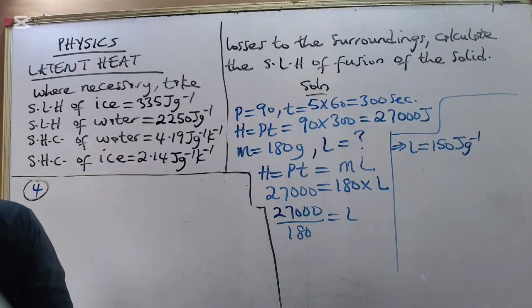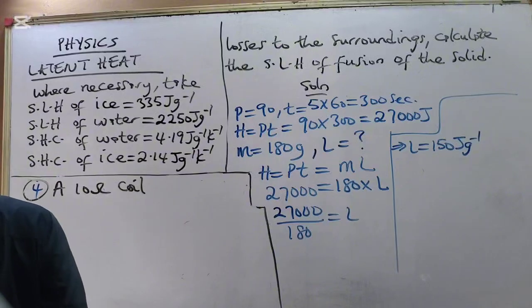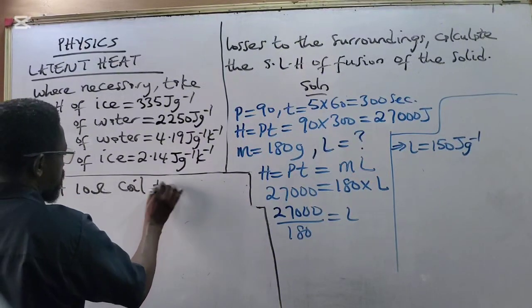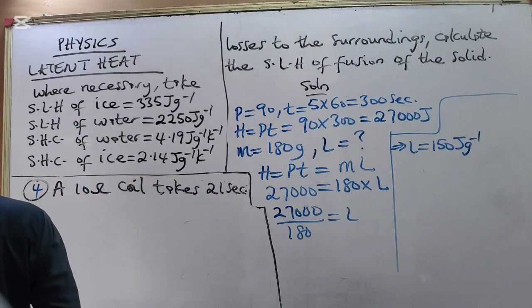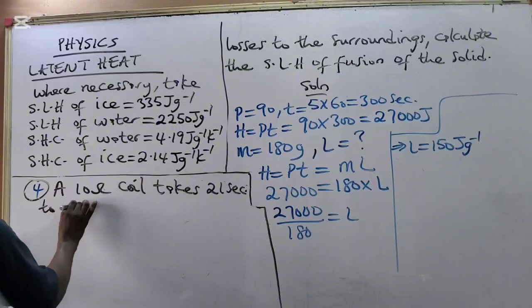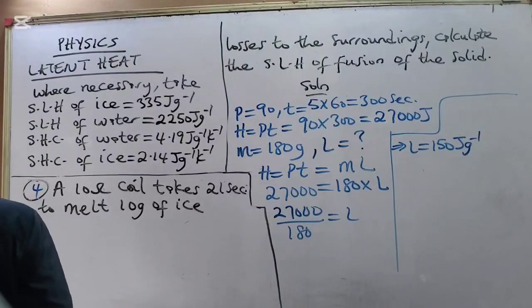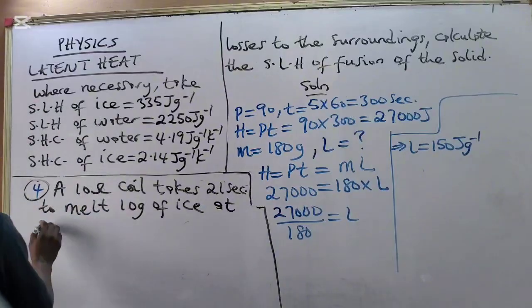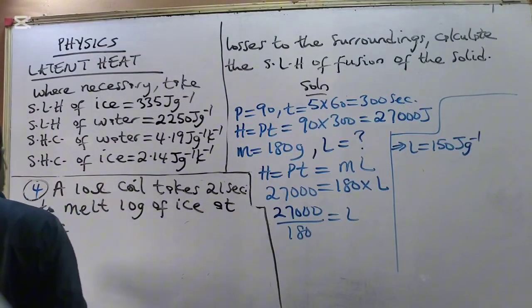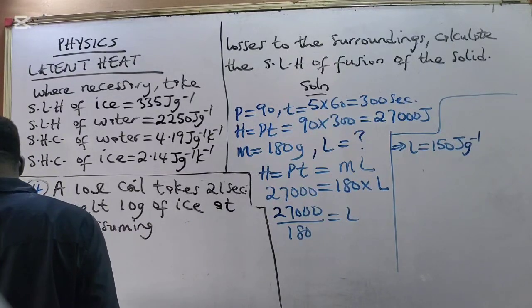The 10-ohm coil takes 21 seconds to melt 10 grams of ice at 0 degrees.